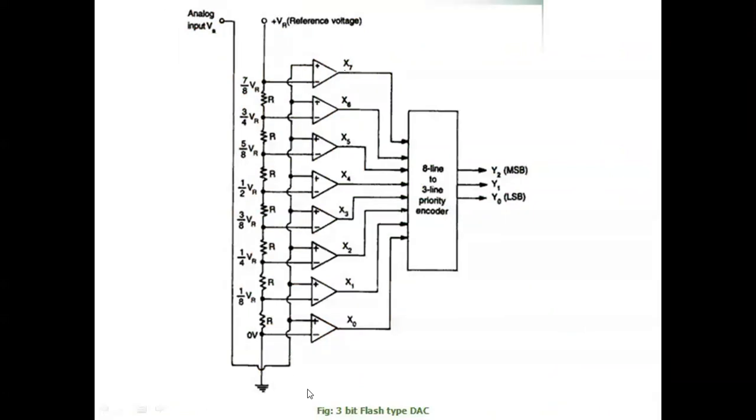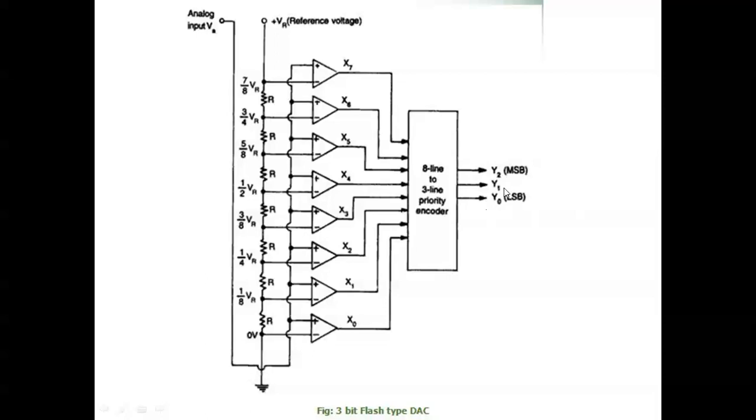To show it elaborately, see the eight comparators, and a resistive network provided with V reference. All these resistors are of equal value R, and we have a priority encoder of 8 to 3, with 8 input lines and 3 output lines. In a priority encoder, if y2, y1, y0 are all high, it will give priority to the MSB.